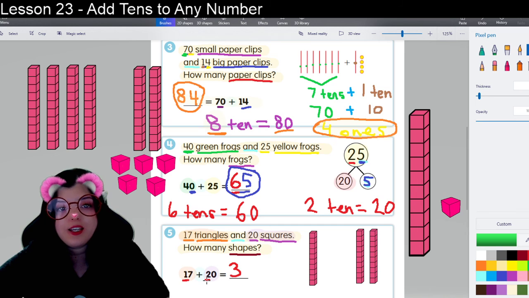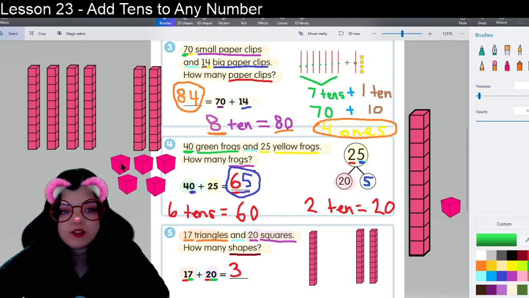How many ones in the number 17? 7. There are 7 groups of 1 in 17. And how many ones in the number 20? 0. So let's add our ones to our picture.